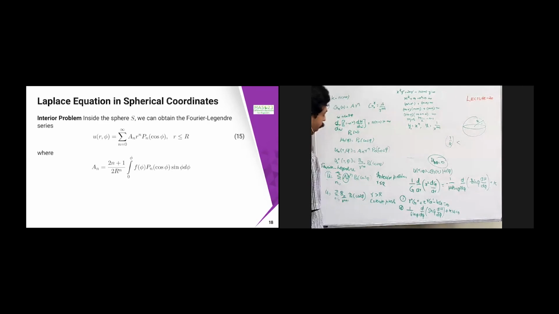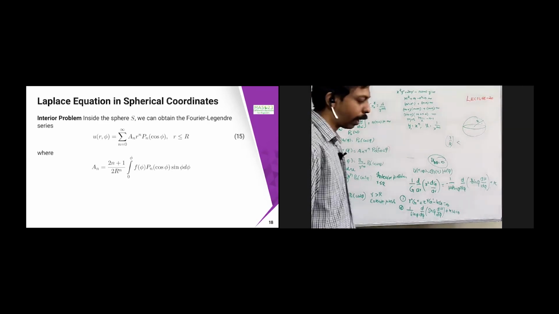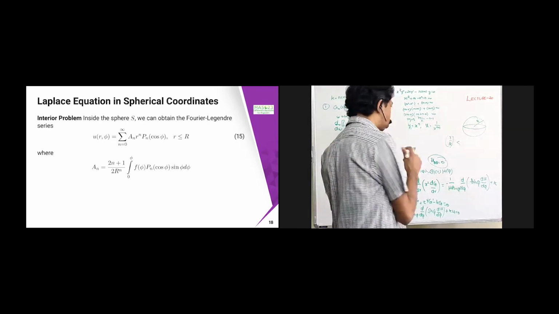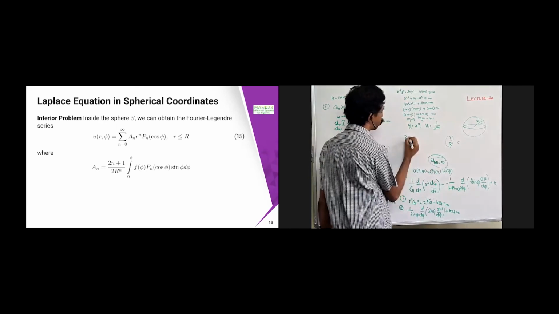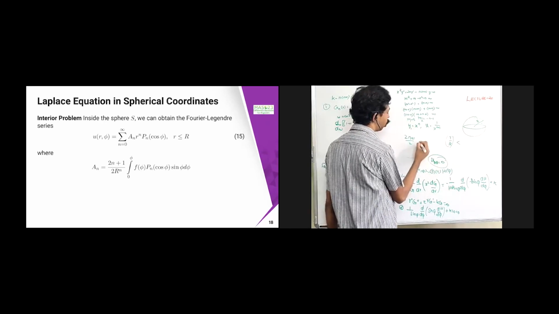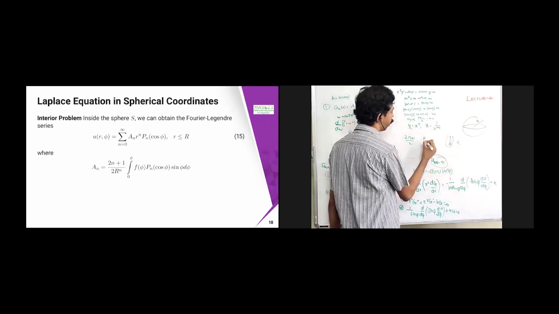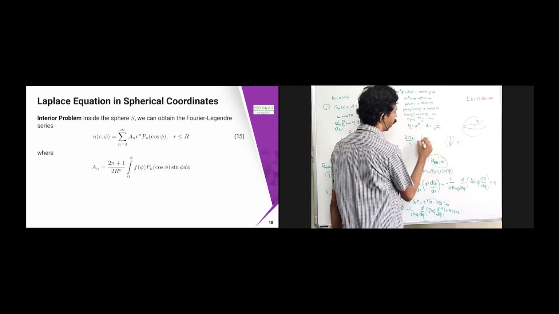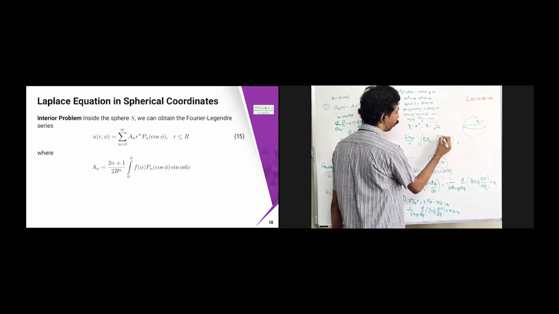a_n is going to become like (2n plus 1) by 2 R power n. This (2n plus 1) by 2 is coming because we know this condition: the integral of P_n times P_m from minus 1 to 1 is going to become 0 if n is not equal to m, and equal to 2 by (2n plus 1) if n equal to m.